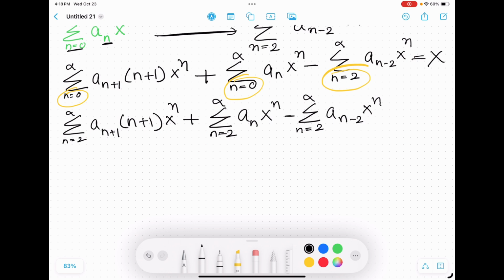However, if we start them from 2, we are losing some terms, right? We are losing the terms that we could have gotten if my n was equal to 0, right? So that means I'm losing n equal to 0 and n equal to 1 for my first power series, and I'm losing n equal to 0 and n equal to 1 for my second power series.